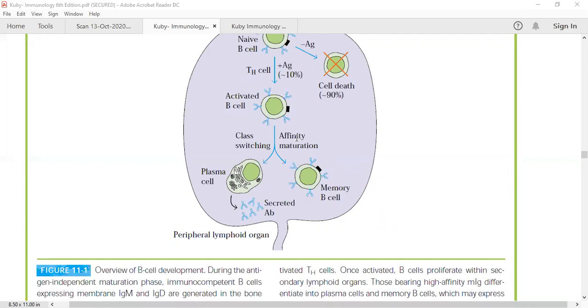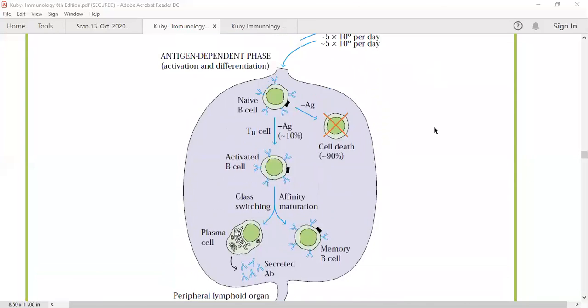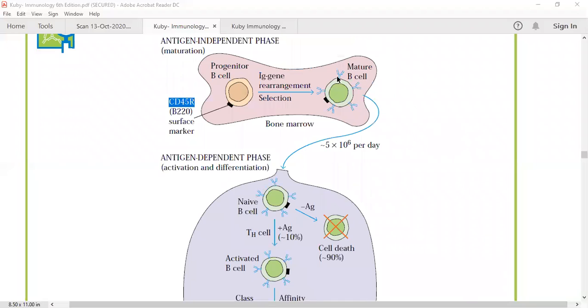Now the second term is affinity maturation. What is the meaning of affinity maturation? The antibody affinity is already decided before any antigenic challenge. From this diagram, we understand this. The B cell has these antibody molecules over its surface, so they are called B cell receptors.